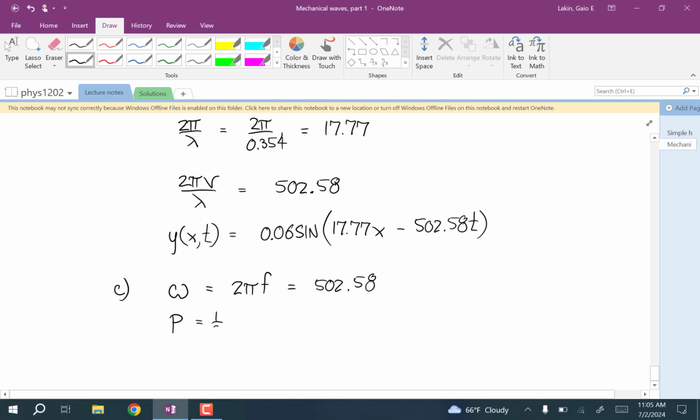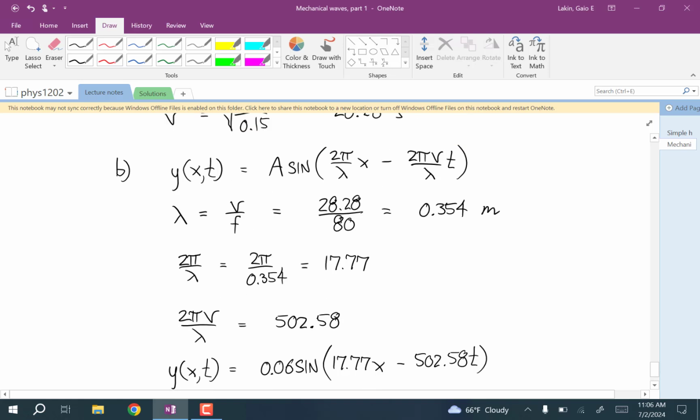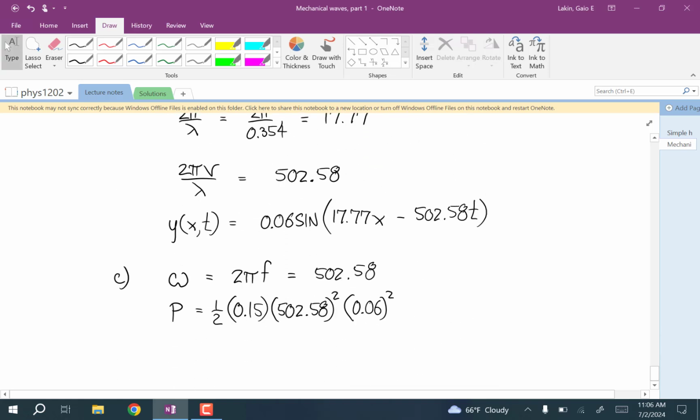And the power then is 1/2 times the mass per length times this omega squared times the amplitude squared times the wave speed, which we got somewhere, 28.28. And that is equal to 1,928.65 watts.